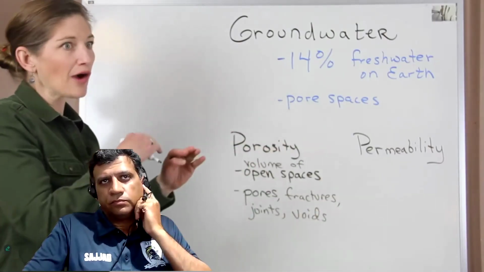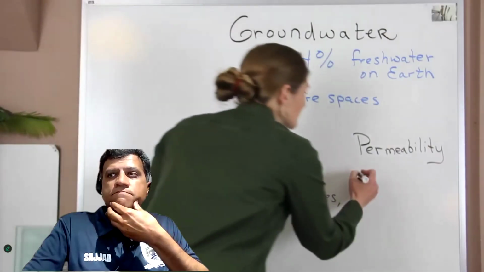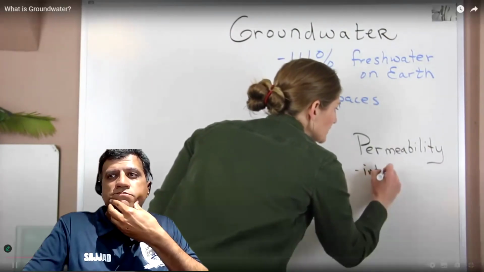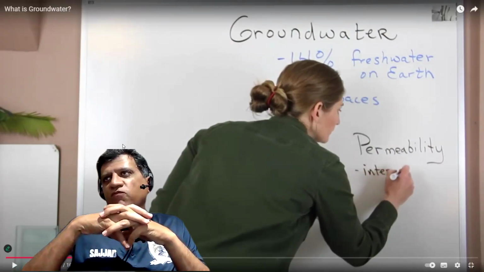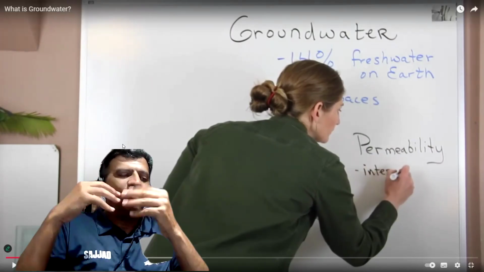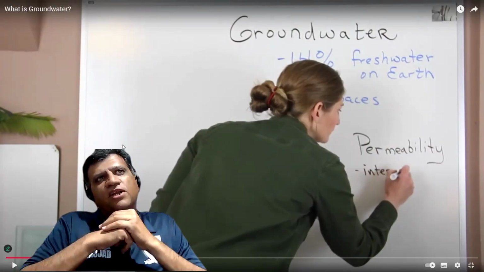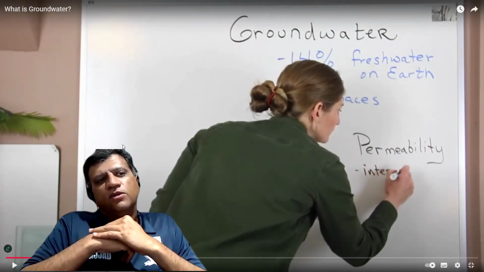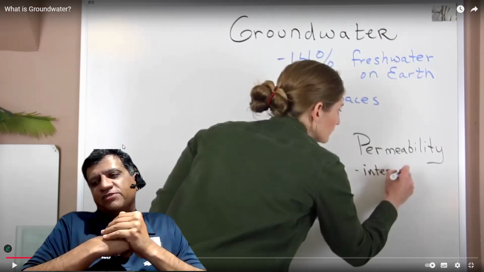Permeability tells us how easily water flows between the pore spaces. So this is really the interconnectedness. Interestingly, she brings up a great point. One is having void space, or porosity, and then one having effective porosity. If the void spaces are not interconnected, we would not call it effective porosity, because that's meaningless.